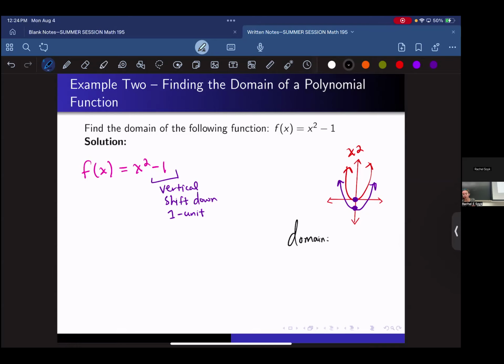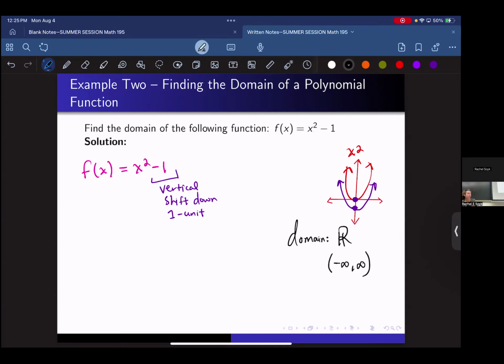So you can write your domain as all real numbers using that script R, but in interval notation, what is this? Negative infinity all the way to infinity. And infinity, because it's a symbol to represent that all real numbers are being represented as our domain, we use soft brackets.